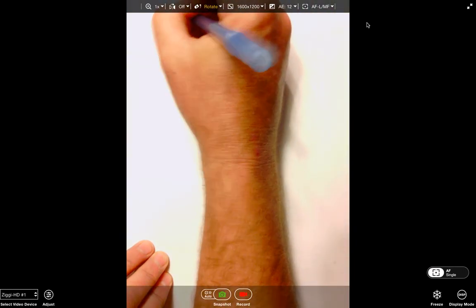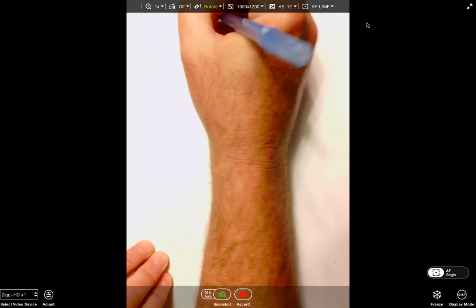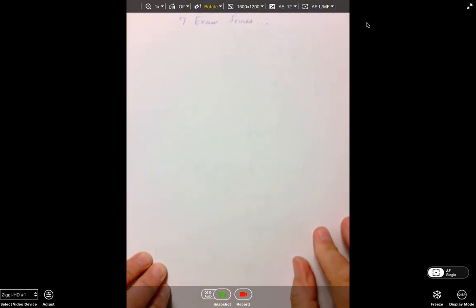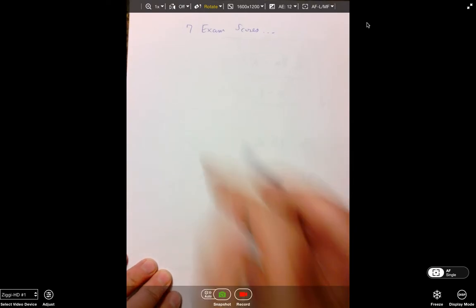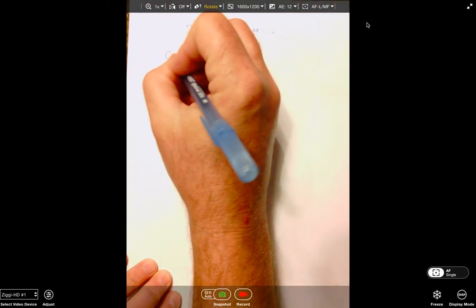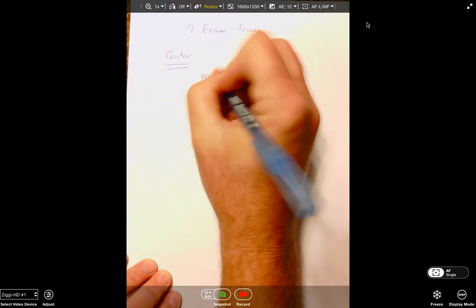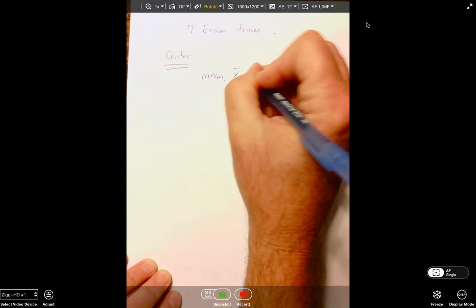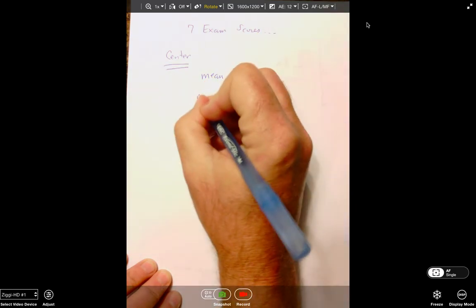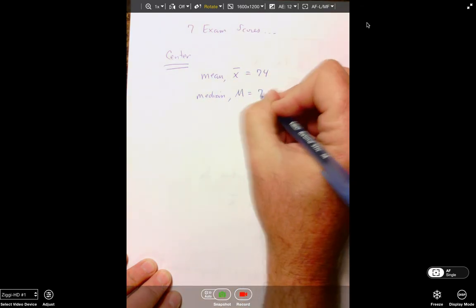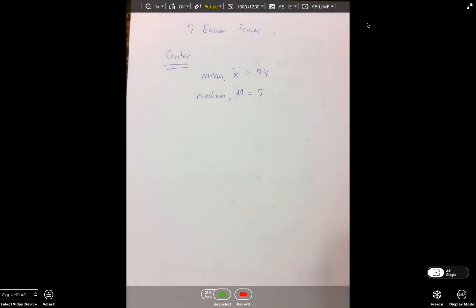So guys, let's talk a little bit about what we found here. We've got our 7 exam scores, and we wanted to find measures of center. We found that the mean, x bar, was 74, and we found that the median was, I forget, 79.